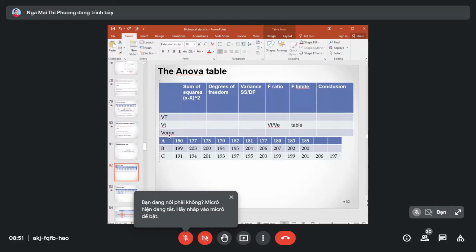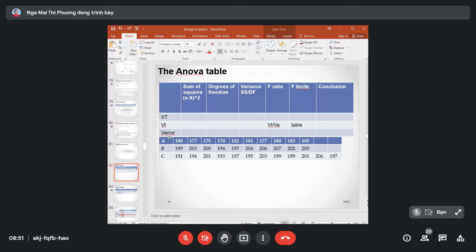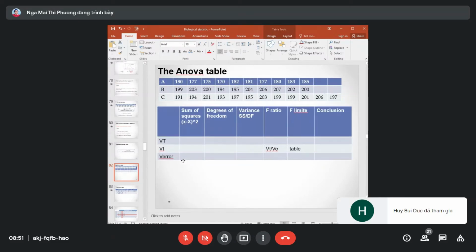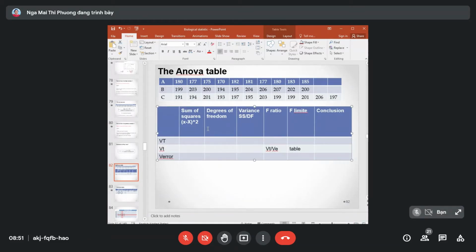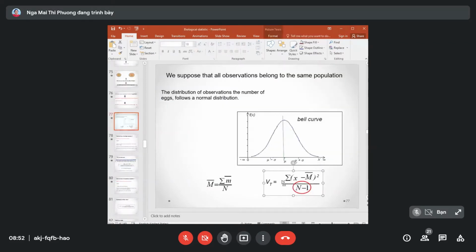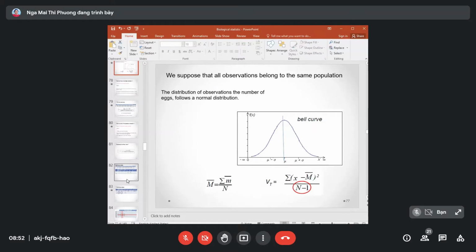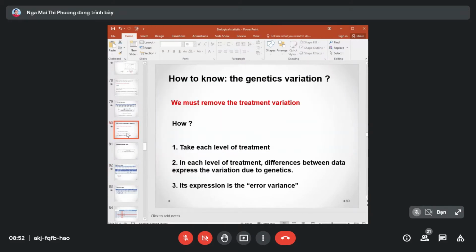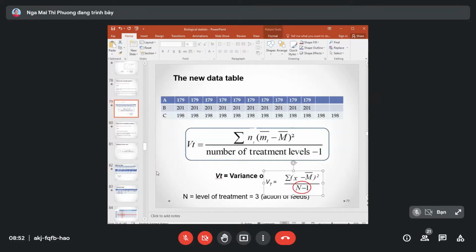You have data in the slide. You have the equation as well. For VT, for variant of treatments.